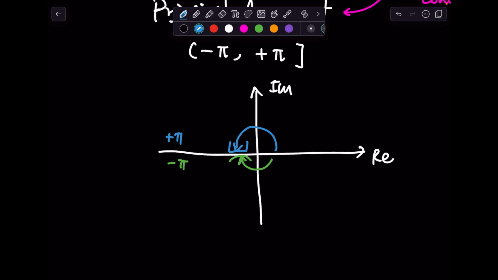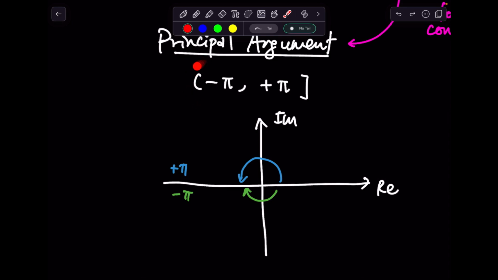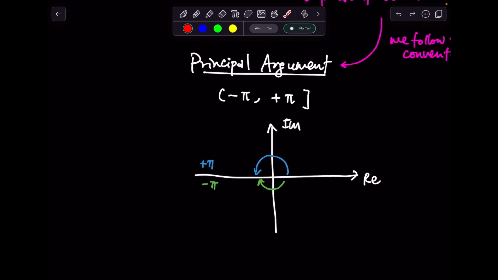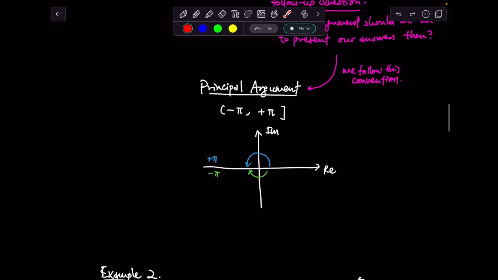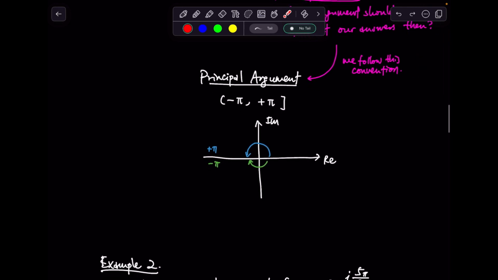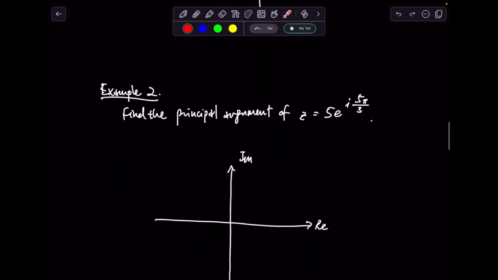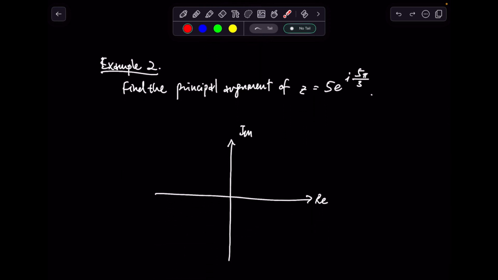It looks kind of weird there, but we will just accept that the interval is excluding negative pi, including positive pi. So this is the principal range. All right. So knowing this, let's see how we can write our complex numbers using its principal argument.